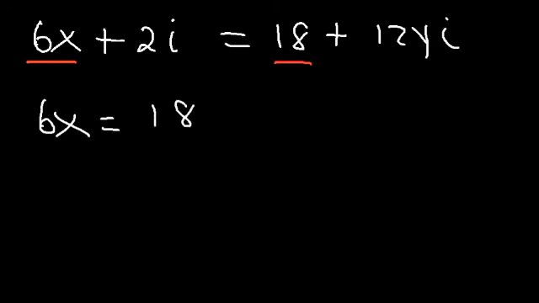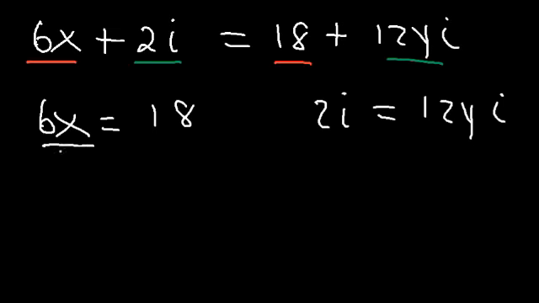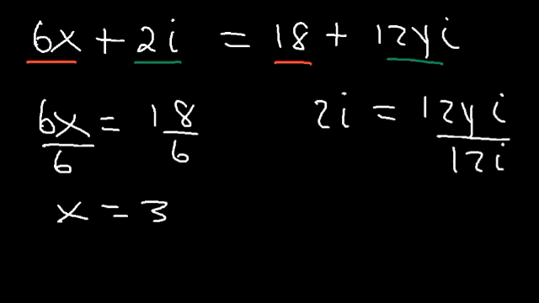Now the imaginary component contains an i. The imaginary component on the left side is 2i and on the right side is 12yi. So therefore we could say that 2i is equal to 12yi. On the left we could divide by 6, so we could say x is equal to 3, and on the right side to solve for y we could divide both sides by 12i to get y by itself.